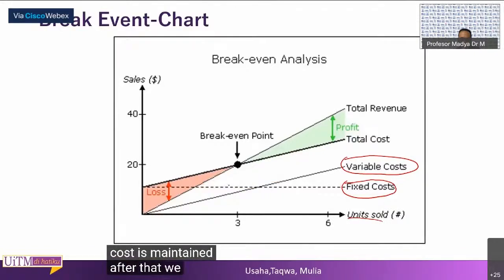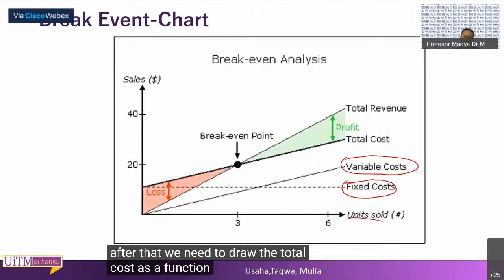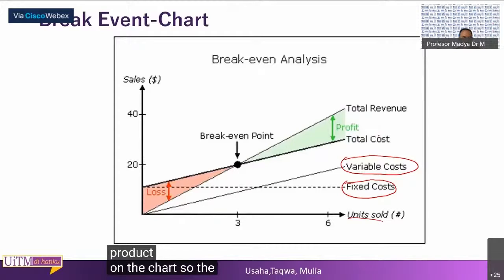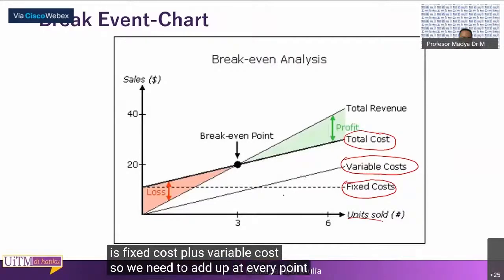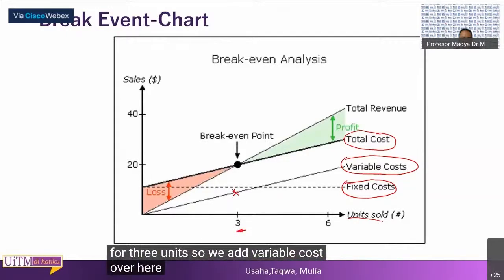After that, we need to draw the total cost as a function of the number of products on the chart. So the total cost is over here. The total cost is fixed cost plus variable cost. So we need to add up at every point. For example, for 3 units sold, we add variable cost over here with fixed cost.